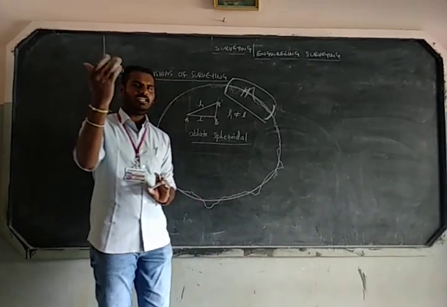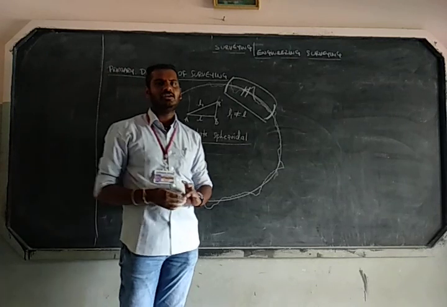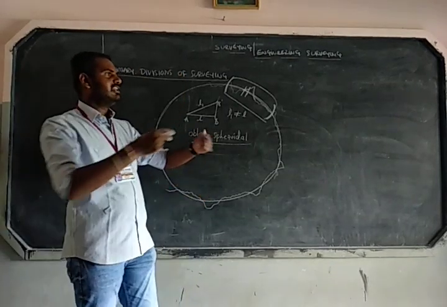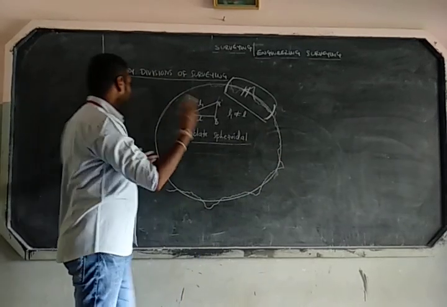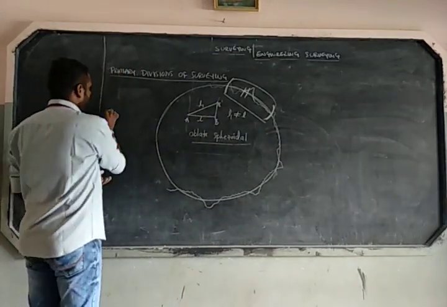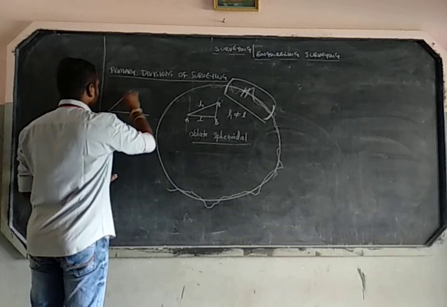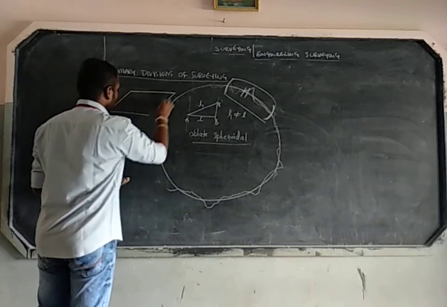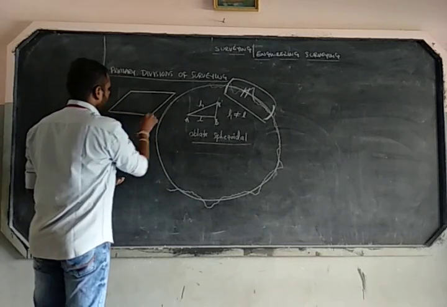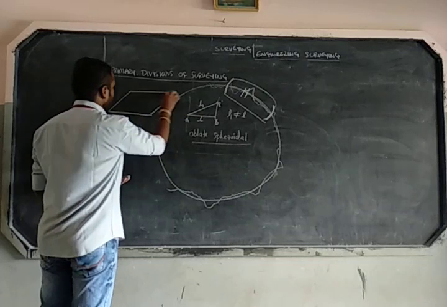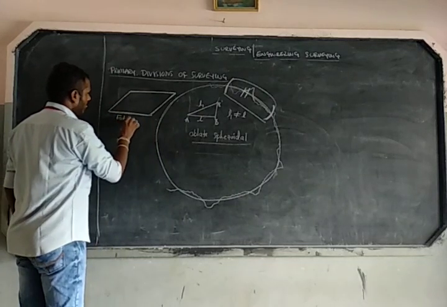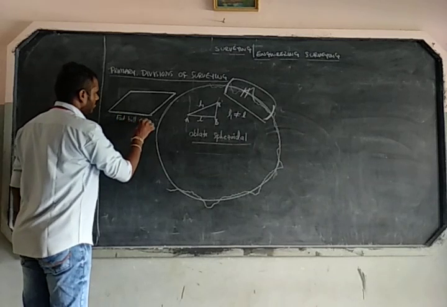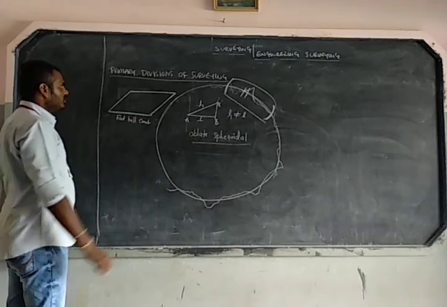Let people go and stand in a playground, so that we can identify whether the playground surrounding you is really flat. So I am going to draw. Let us take this is a surface, the surface of a football court. How will it be?